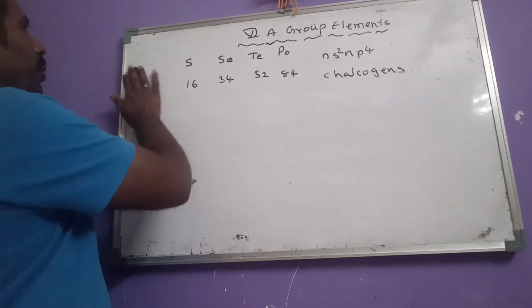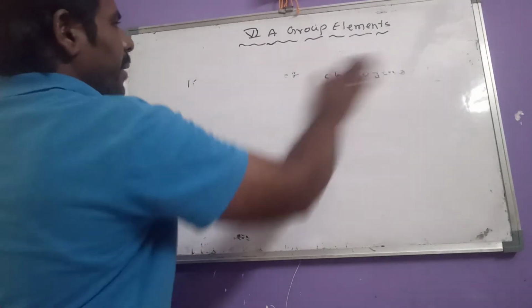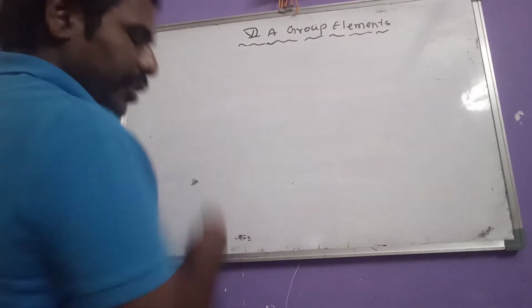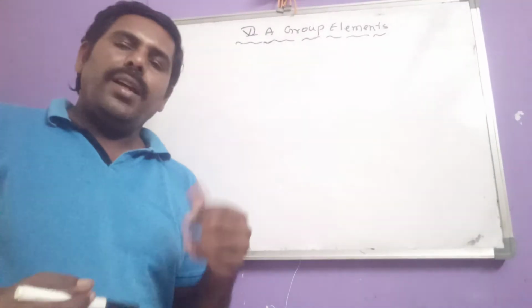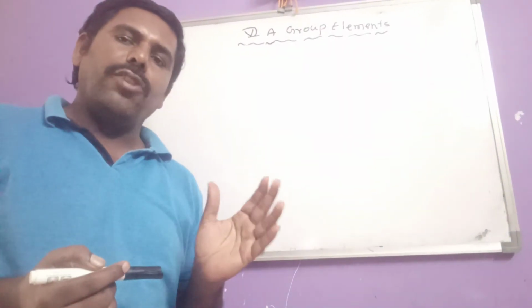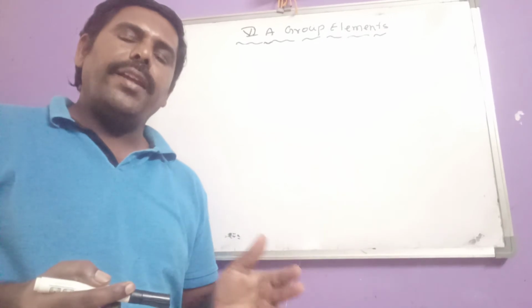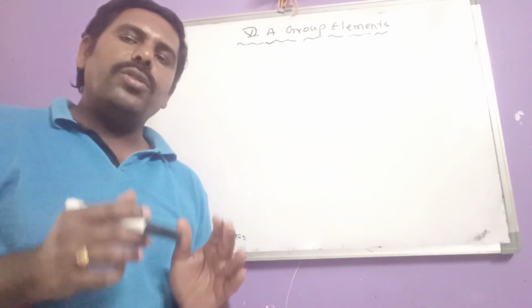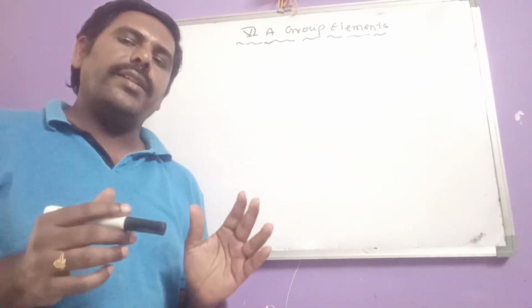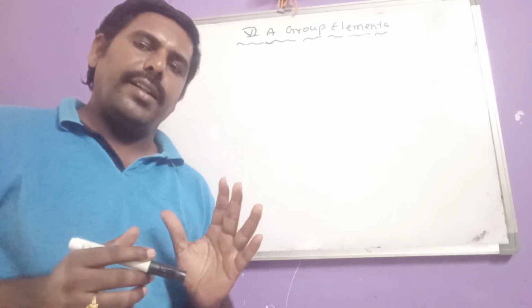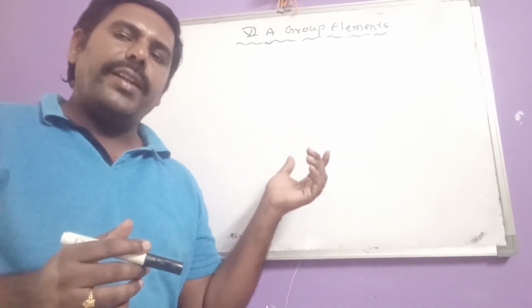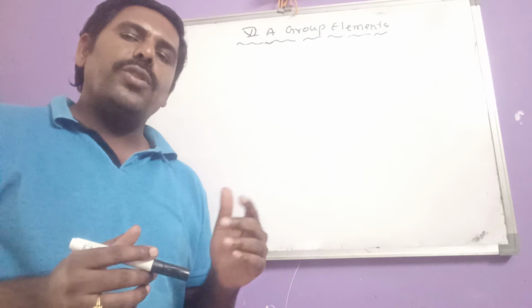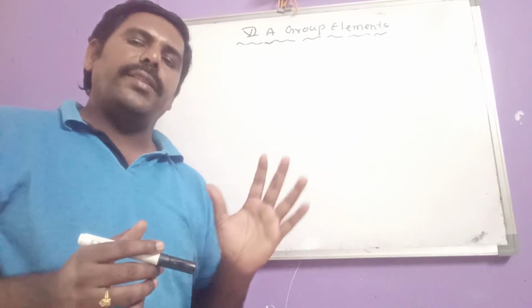Now let us see the abundance of 6A group elements. The most abundant element in the earth crust is oxygen. Not only in the 6A group, in the entire periodic table, the most abundant element in the earth crust is oxygen. And sulfur is the 16th most abundant element in the earth crust.